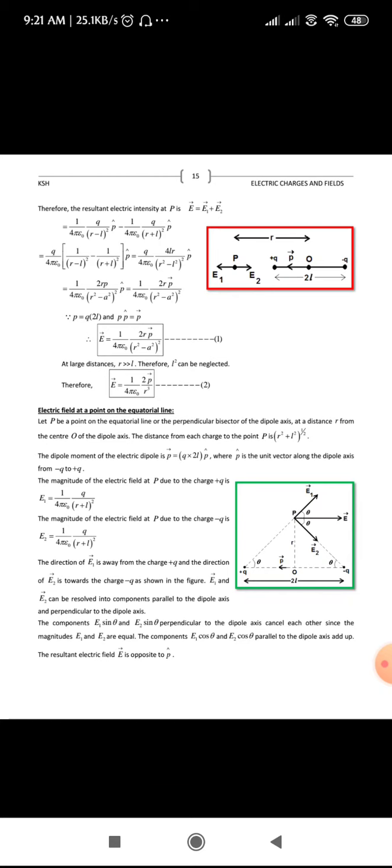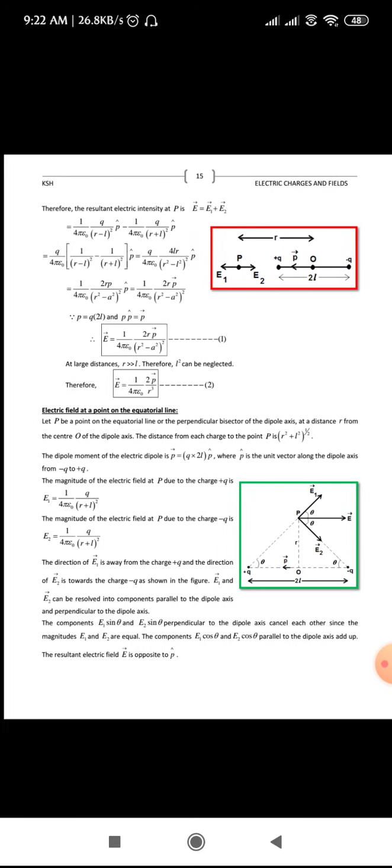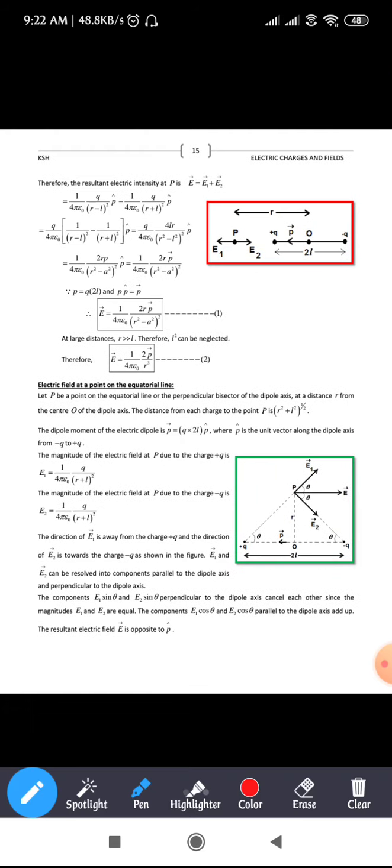When you substitute the values, E1 comes out to be 1 by 4 pi epsilon naught into Q divided by (R minus L) whole square P cap, minus of 1 by 4 pi epsilon naught into Q divided by (R plus L) whole square into P cap.